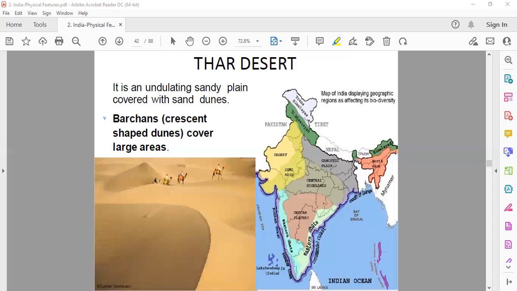What are barchans? Crescent-shaped dunes covering large areas. What is the shape of the barchans? Crescent, moon shape, crescent shape.